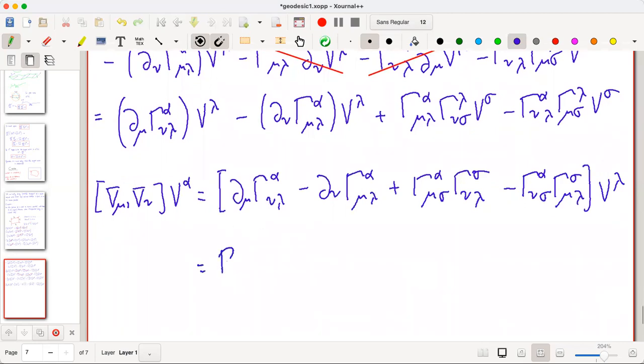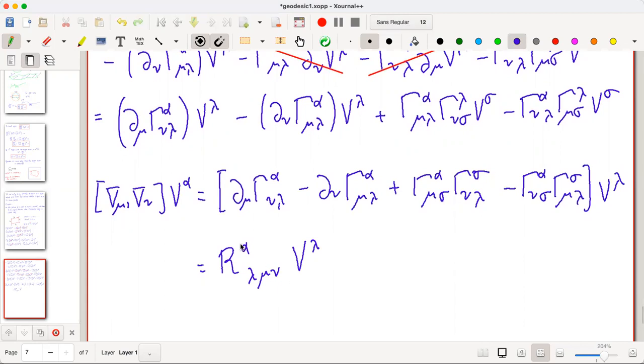Or I can simplify them into this expression, alpha lambda mu nu, times v lambda. Okay, so the question whether the path is commutative or not amounts to asking whether this object, the R with 4 indices, vanishes or not.